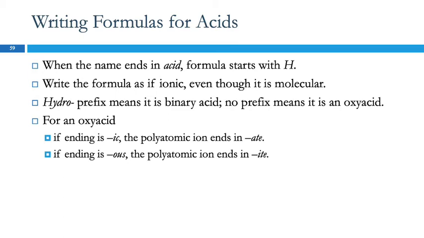If the first part of the name is hydro, you've just got hydrogen and something else. It's not an oxyacid. Without the hydro, that means you do have an oxyacid. And for the oxyacid, ic comes from the ion with the ate ending. Us comes from the ion with the ite ending. We already did an example of one of those.